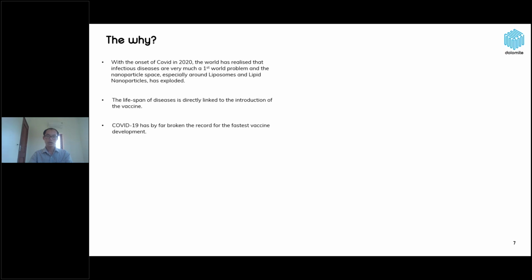COVID-19 has by far broken records for the fastest vaccine development, and most, if not all, vaccines require packaging before being administered, with lipid nanoparticles or liposomes by far the most popular delivery vehicle.